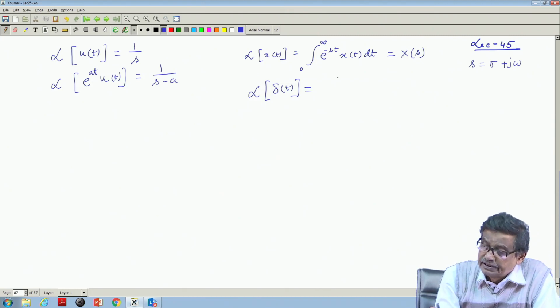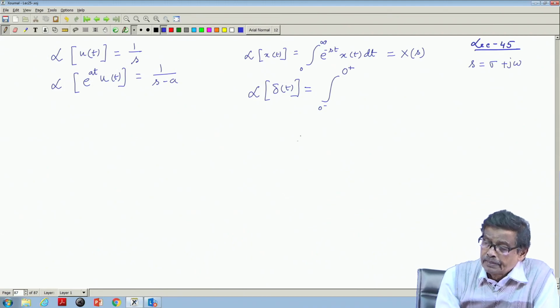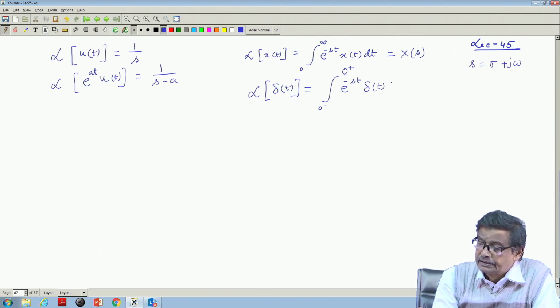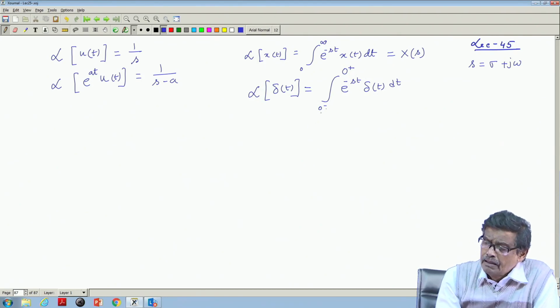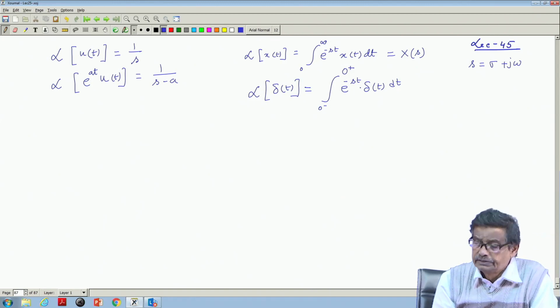So, I will carry out this integration from 0 minus to 0 plus of e to the power minus s t into delta(t) dt, because beyond 0 plus the value of delta(t) is 0.